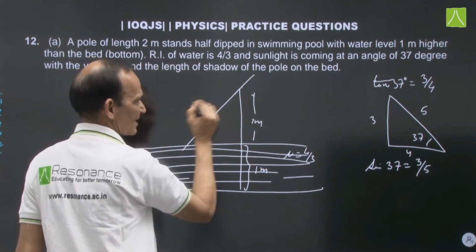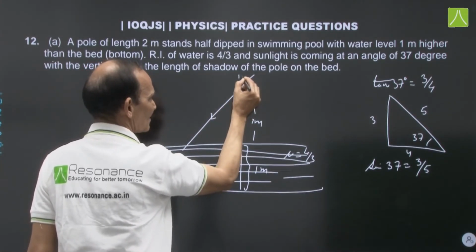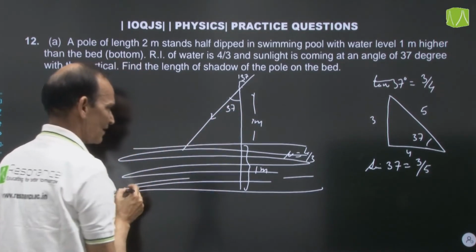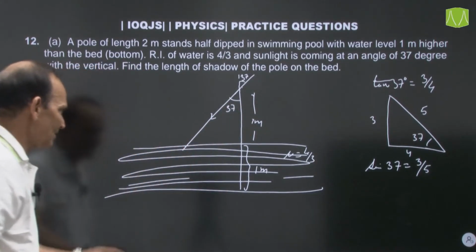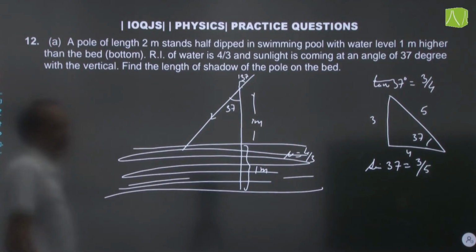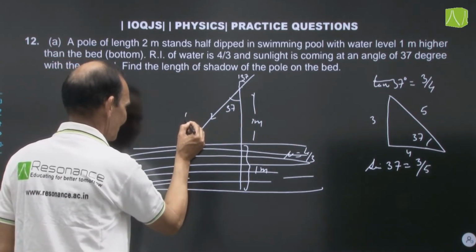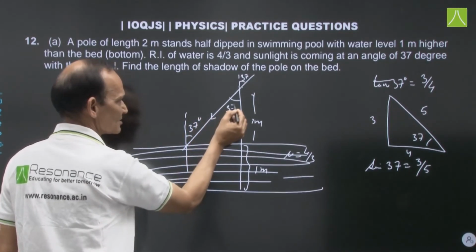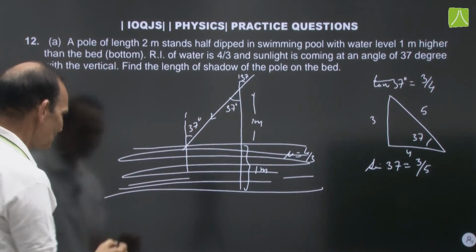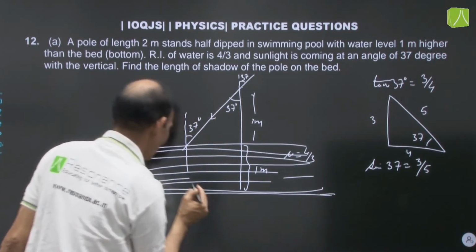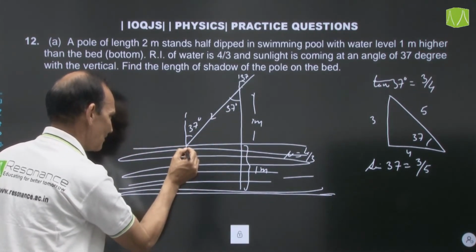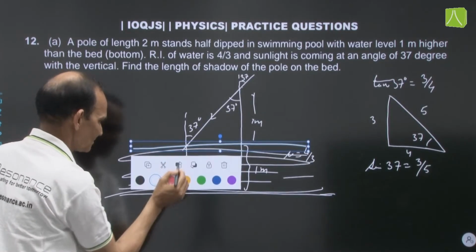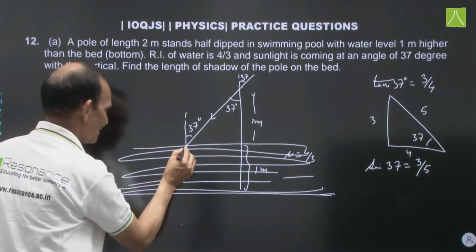It will move in a straight line. This angle is given as 37, so this will also be 37. Confirm. Now at this point it is moving from air to water. If we draw the normal here, this angle will be 37, definitely. Now it is the bed, so the ray will bend in this direction.